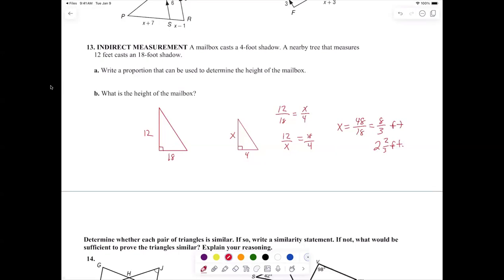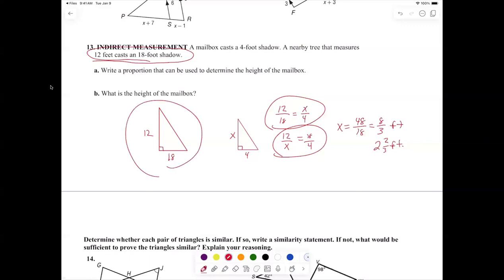So the proportion would be, either one of these you can set as the proportion. Yes, KK. The tree was 12 feet, but how did you get the 12 and 18 feet? It says a 12-foot tree casts an 18-foot shadow. You with me on that? So that has to be the same as that proportion.